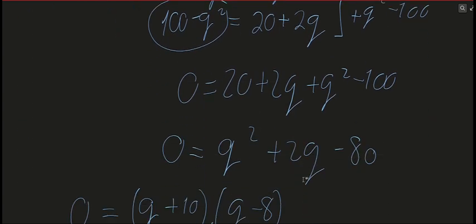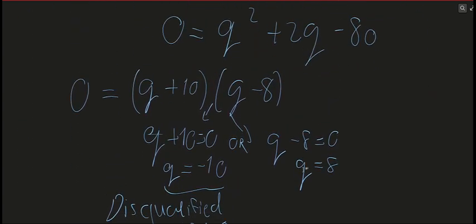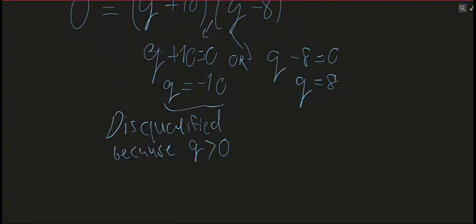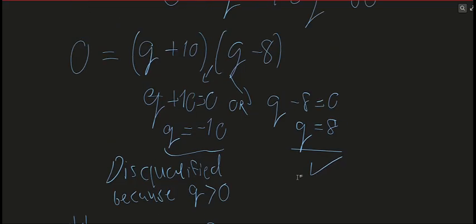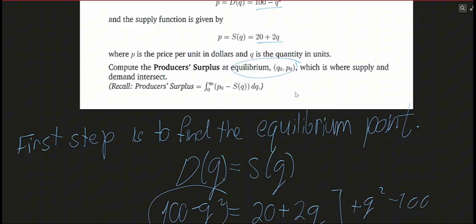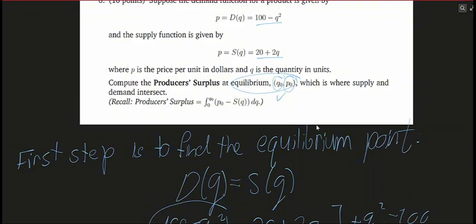So we found the Q sub 0. The Q sub 0 is where they intersect, and the only possibility is 8, which is indeed positive. So the equilibrium Q sub 0 is equal to 8. How do you find the P sub 0? Remember, the equilibrium point has Q sub 0, which we found. We still need to find the P sub 0. How do you find the P?